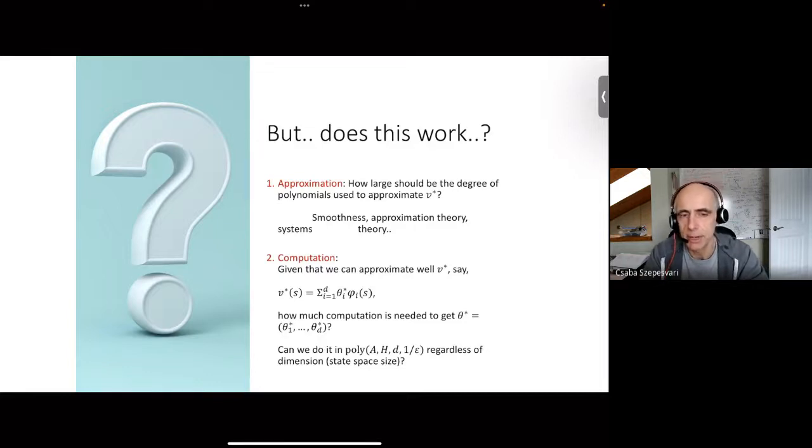Okay, so why is this really a question? The reason this is a question is because the optimal value function is not given to you in an explicit form. It's encoded in the dynamics of the system, right? And encoded in the reward. It's not like you can just read out the value of the optimal value function.